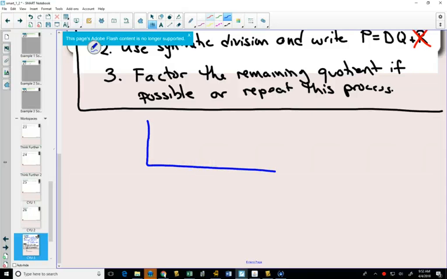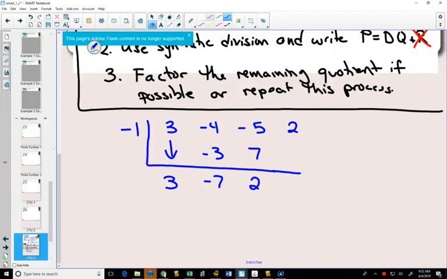If I'm dividing by an x plus 1, a negative 1 would come out in front here. And our original one had 3, negative 4, negative 5, 2. So you bring down your 3, multiply, add, multiply, add, multiply, and you should get this remainder to be 0.